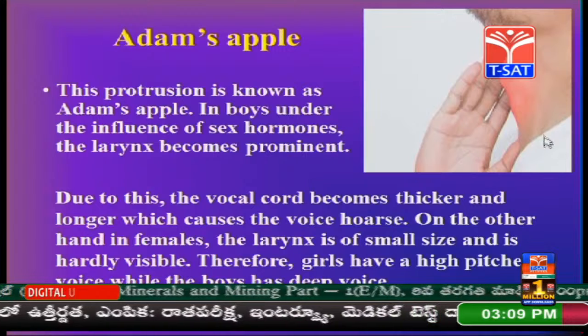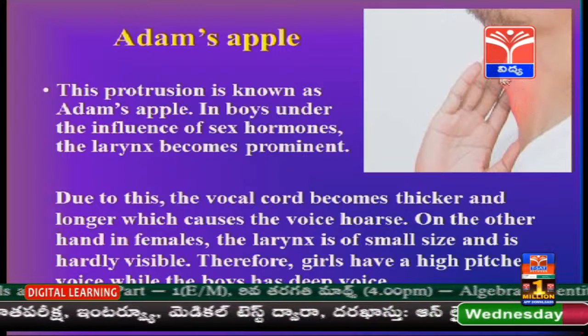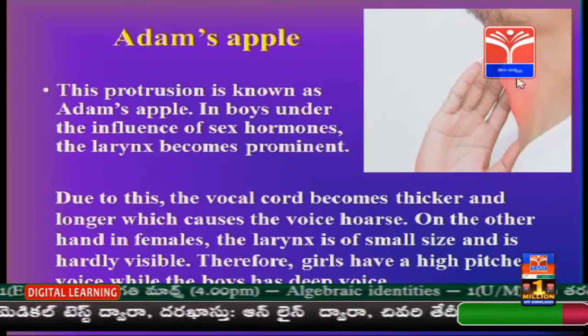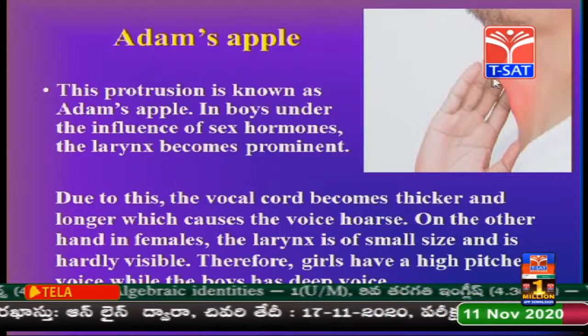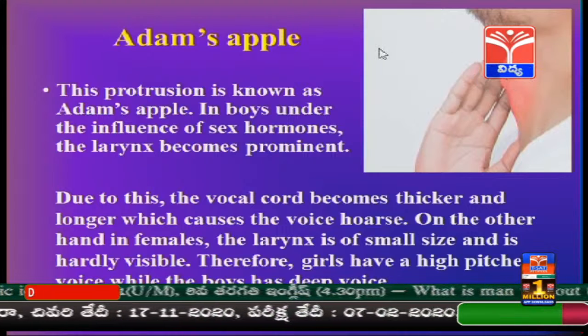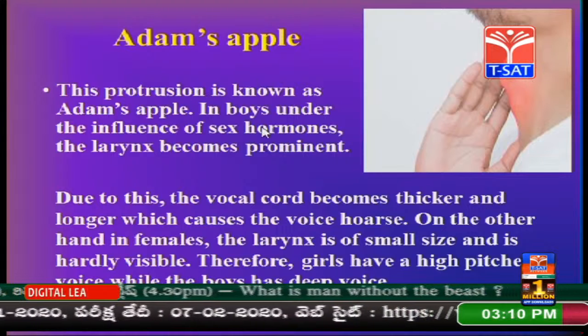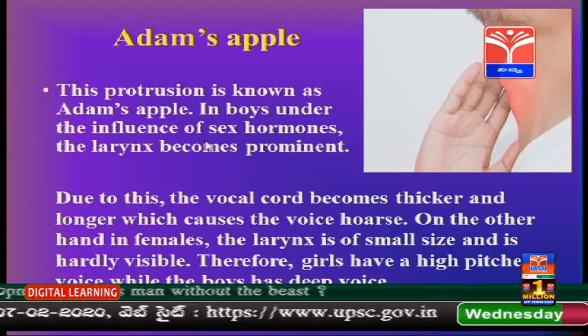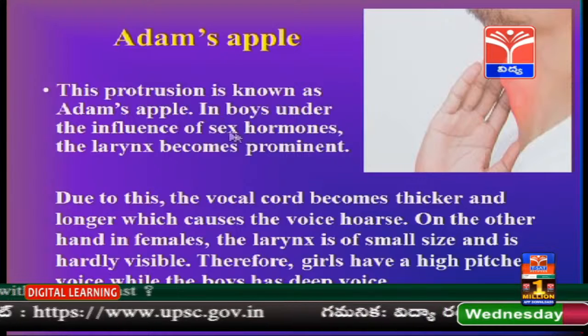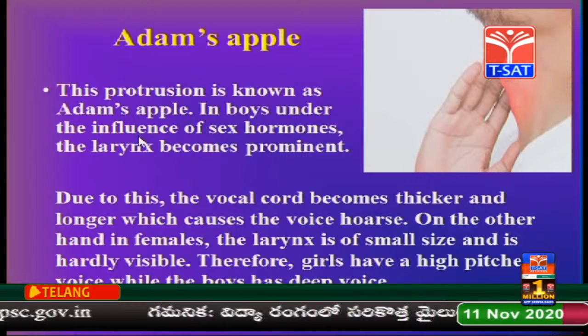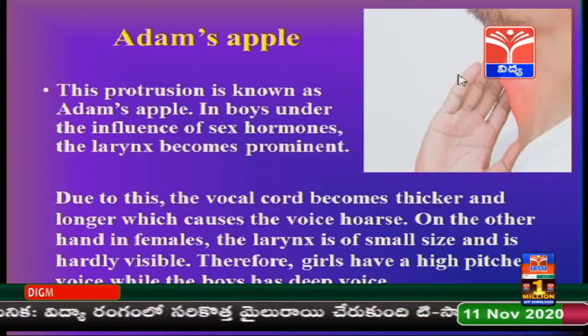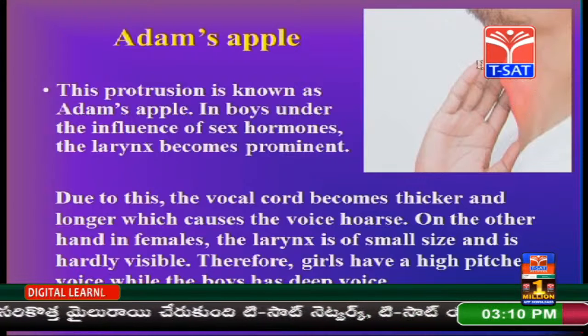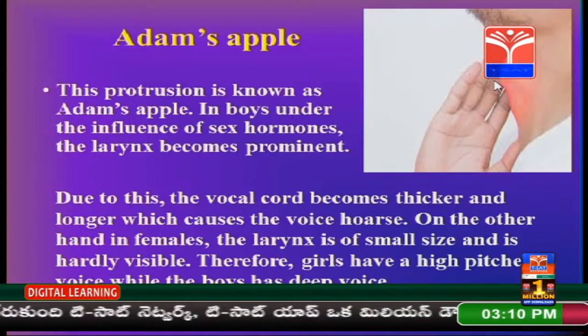In between the neck you can see the larynx has protruded out near the throat. This part is called Adam's apple. Children, this development is due to the chemicals, as I told you. What are they called? Hormones. So, the larynx has become more prominent. You can see the development mainly in this puberty.